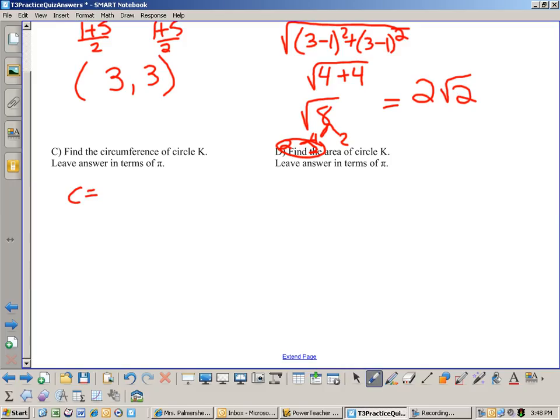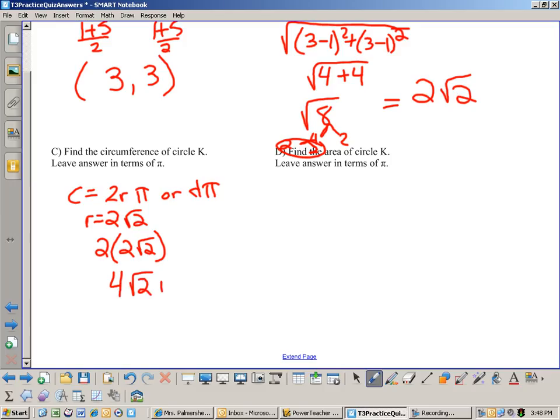Circumference is equal to 2 times the radius times pi, or d pi. If the radius equals 2 radical 2, then we're taking 2 times 2 radical 2, which is 4 radical 2 pi units. The area is the radius squared times pi.